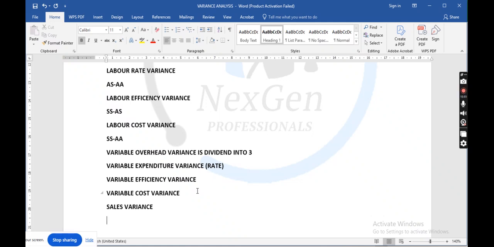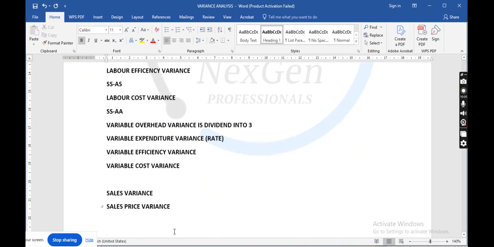There is sales volume variance and sales price variance. Sales price variance, right? And sales volume variance. Class, volume means output.